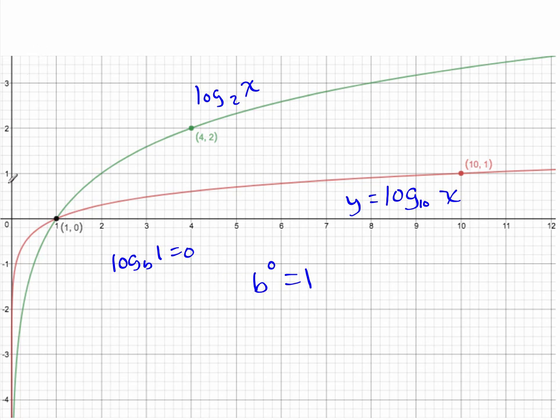You can't have x equal to 0, so you're going to have a vertical asymptote for both curves when x is equal to 0. Now, we know we have the following points, (1, 0) and (10, 1) on the log base 10 curve. And so you can create a nice smooth graph between those 2 points, making sure you use your vertical asymptote. While log base 2 of x has the curve you see in green.